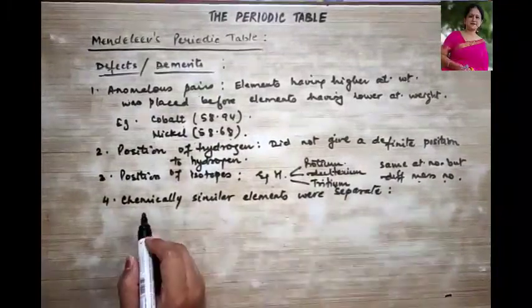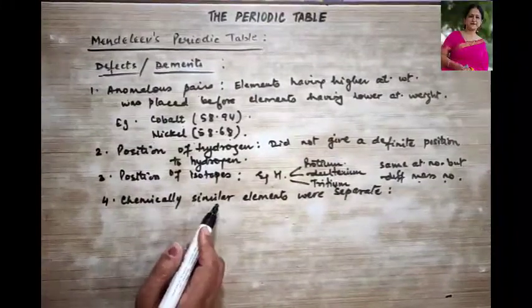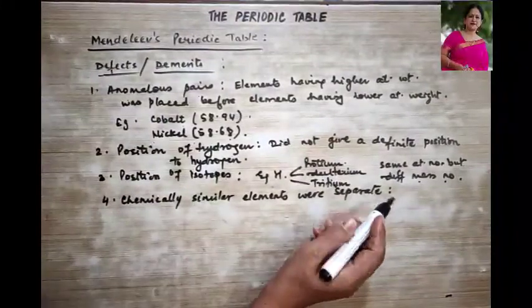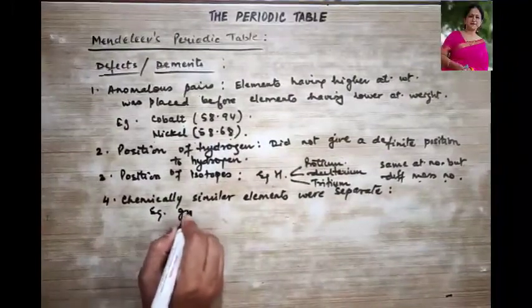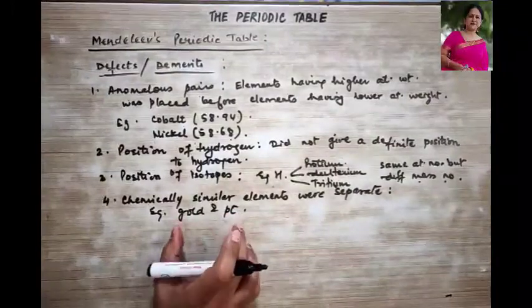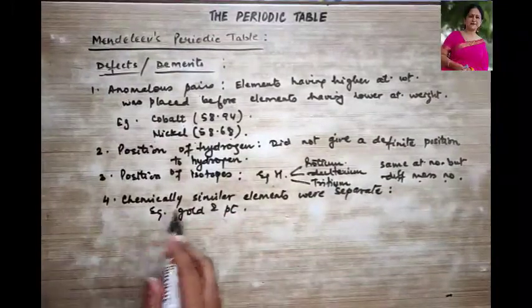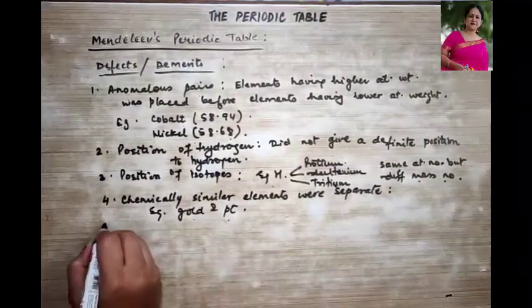So let us first understand this, that chemically similar elements were separate. For example over here, like gold and platinum, right, they were placed differently. The similar elements were separate. These two elements were separated.